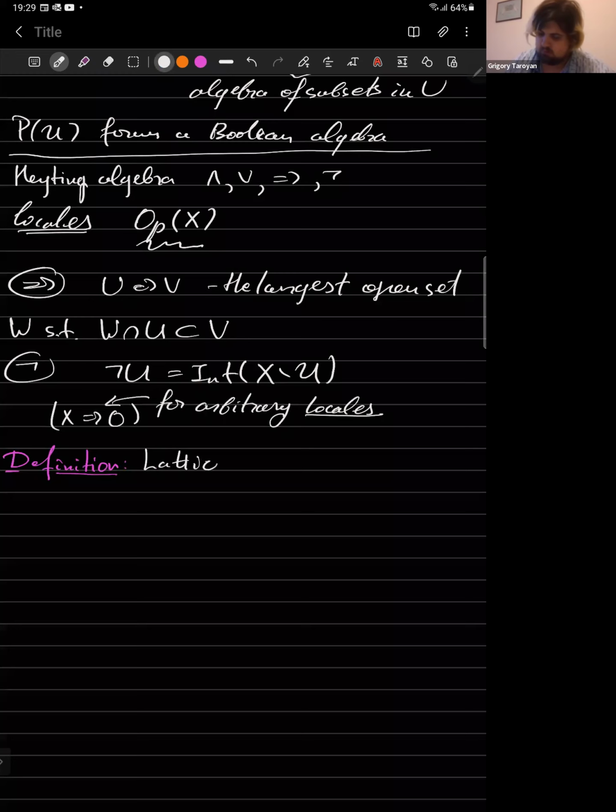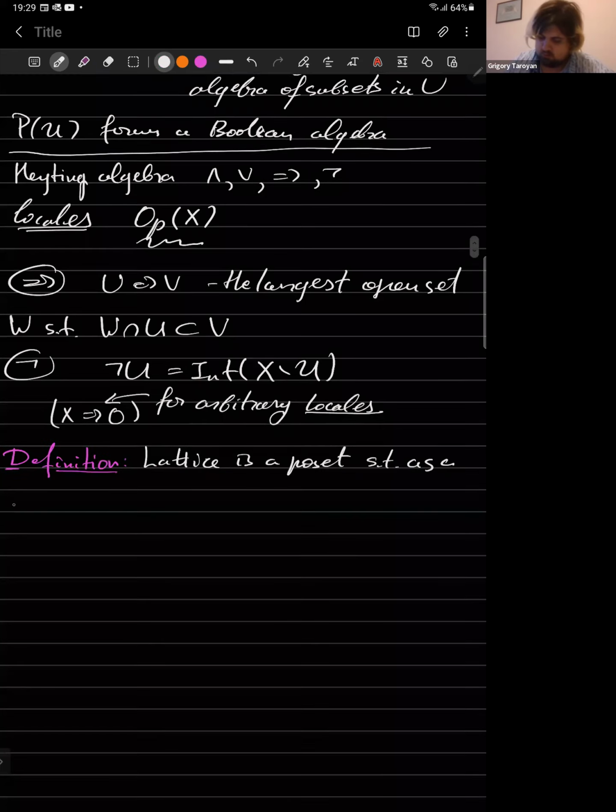So a lattice is a poset such that, as a category, it has all binary products and coproducts.